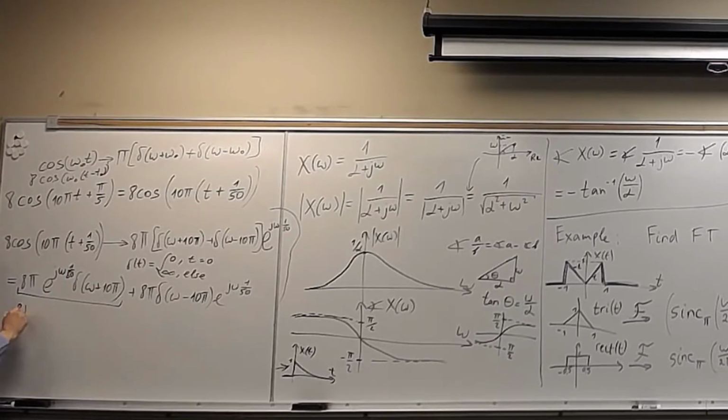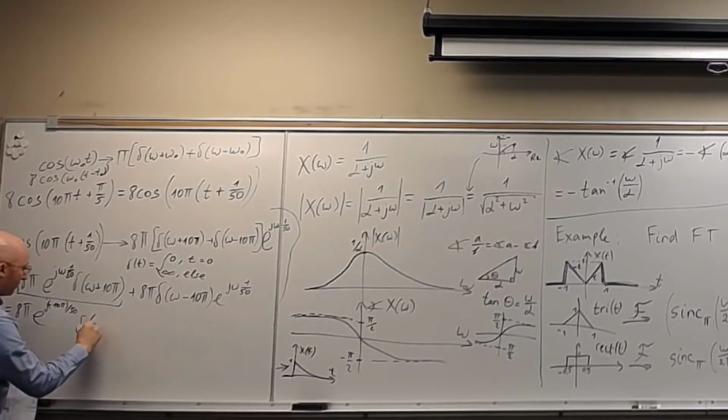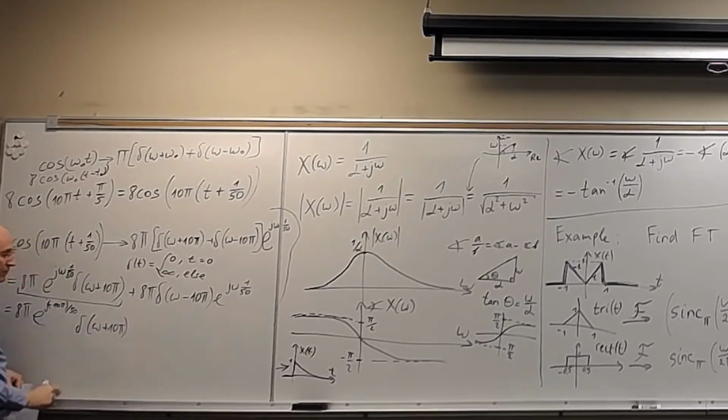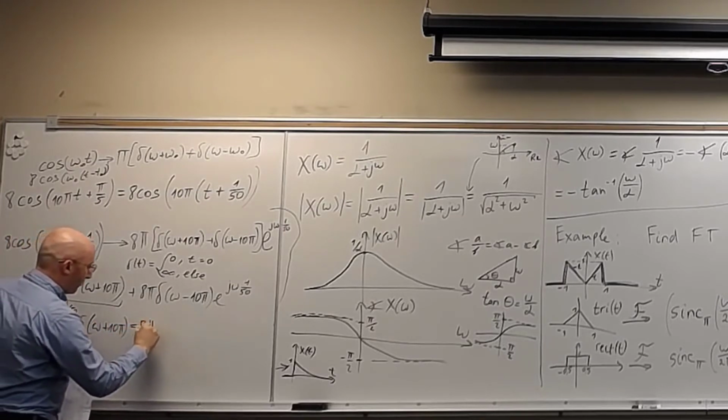So you'll have 8 pi, the same thing like 8 pi, exponent j omega minus 10 pi divided by 50, times again the delta. And the same thing here.